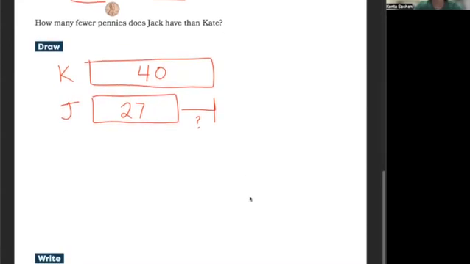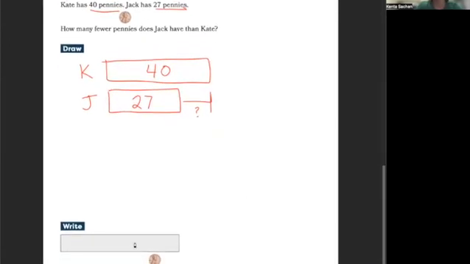So in order to solve this, right, we're going to again do some subtraction, or 40 minus 27. What is that number? In order to solve that math problem, I'm going to draw a number line. I'm going to start with my small number, but think of this in the terms of our 10 numbers, right?